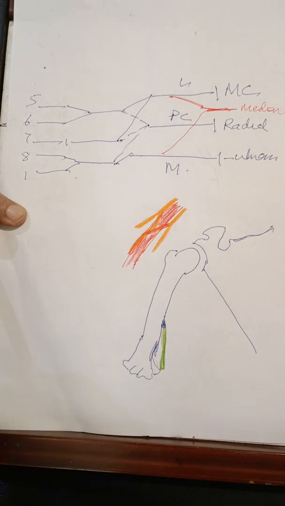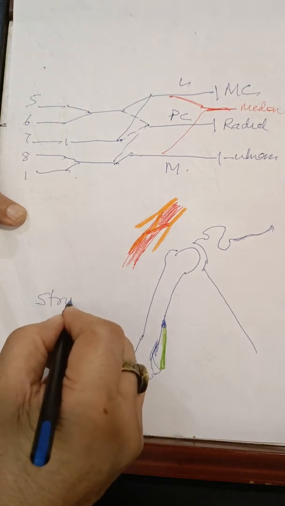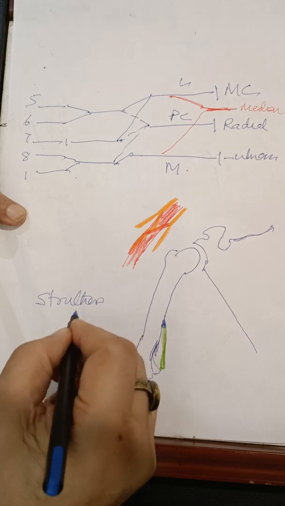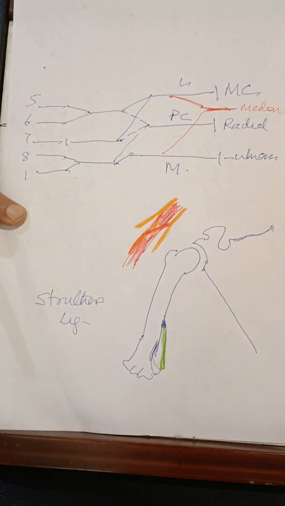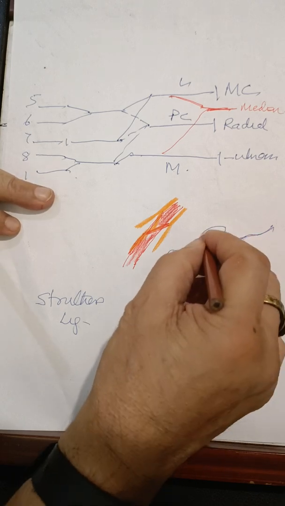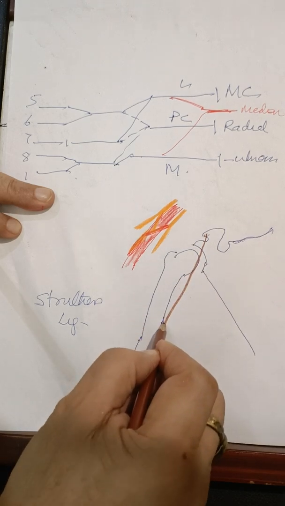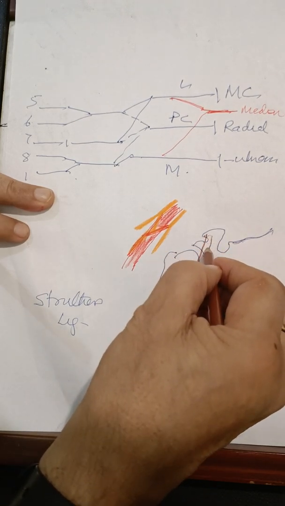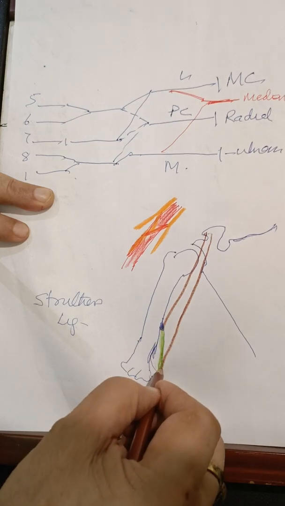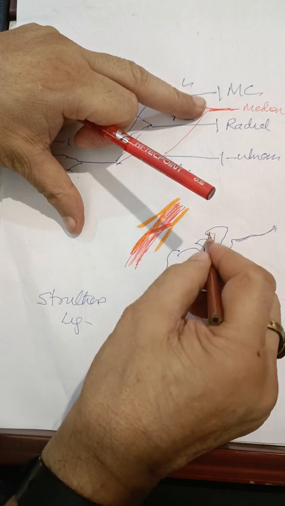This ligament is called Struther's ligament. And we will attach an important muscle on the medial border coming from the coracoid process, and this muscle is attached to the middle of the forearm, but it can be attached right up to the medial epicondyle on this Struther's ligament.